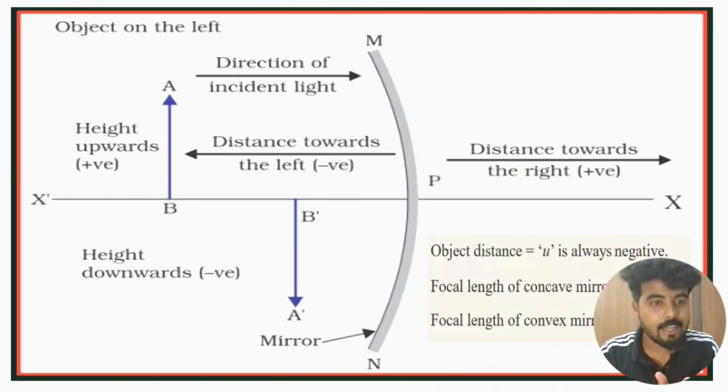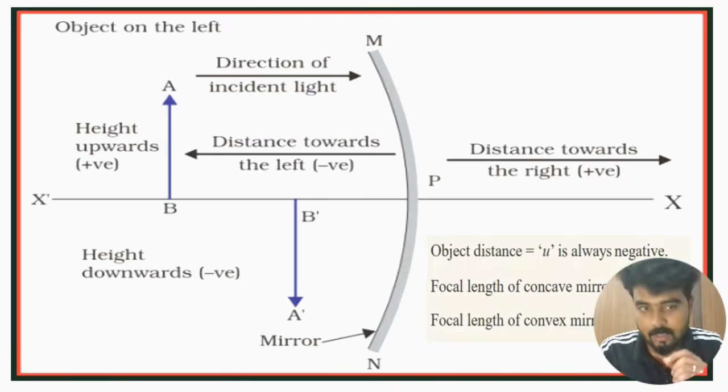U means the distance between the mirror and the object, and when we go for V, the distance between the mirror and the image is known as V. When we go for the object U, it is always placed at the left hand side, and it is always negative.